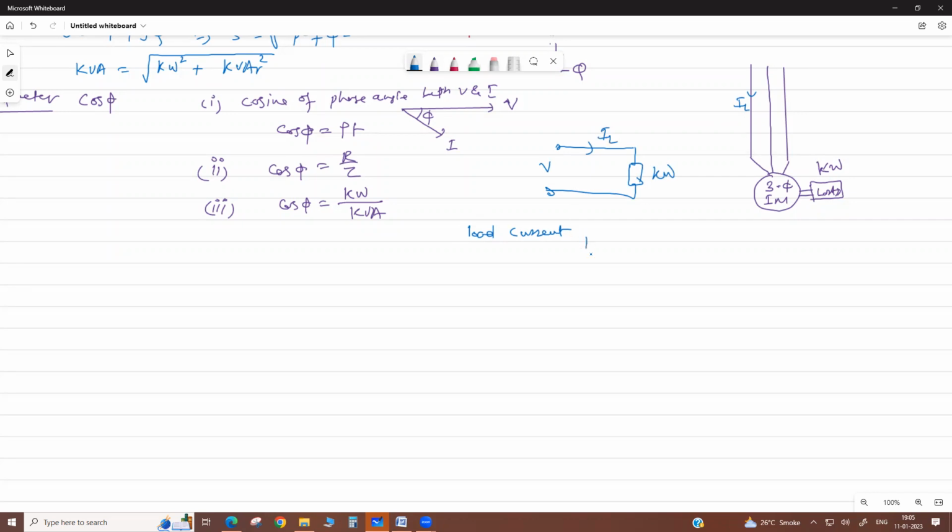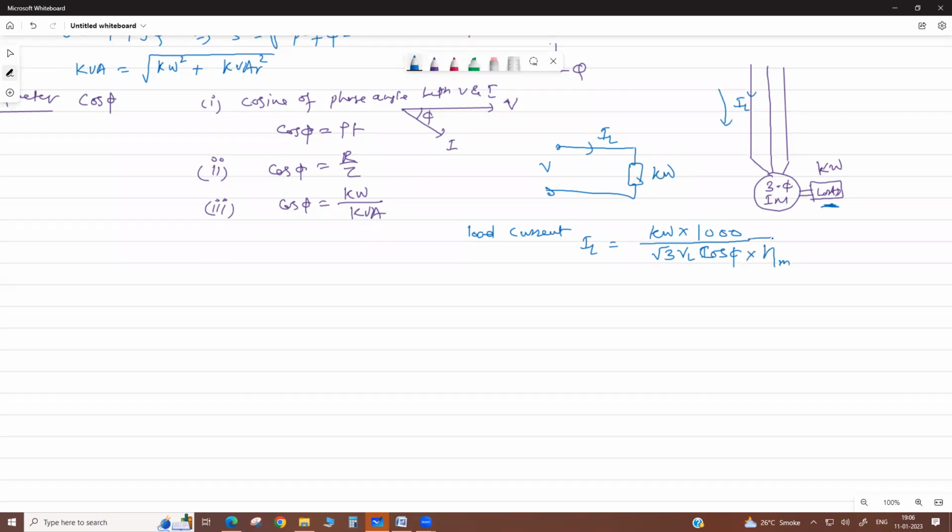So if we calculate this load current, it equals your kilowatt rating times 1000 to convert into watt, divided by root 3 V_L cos phi if it is 3-phase like a motor. In case of a motor, because this is the output side load and the motor is drawing from the input side, you also divide by motor efficiency.